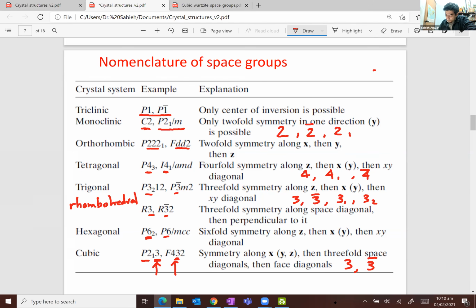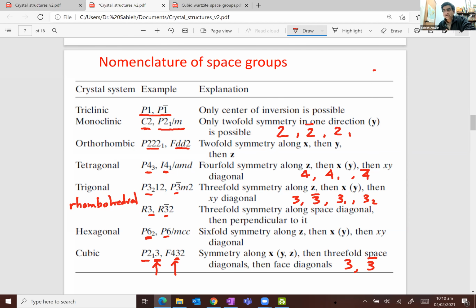Okay, so the first could be something else. It could be a 2, it could be a 4, it could be a 3, but there is always a three-fold rotation axis along the body diagonal. So the rule is that if you talk about the cubic, for example, the first symbol represents what's going on along the cube edge.